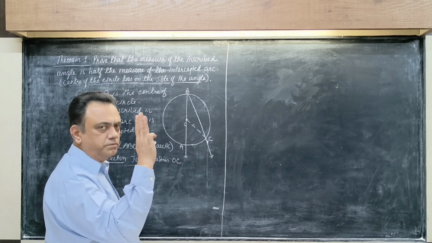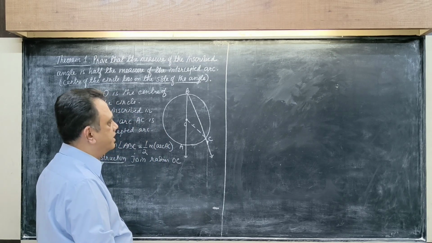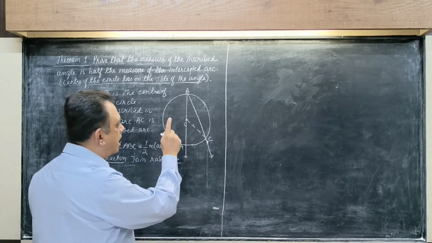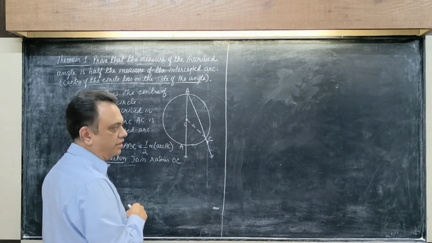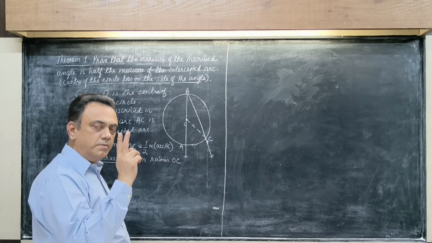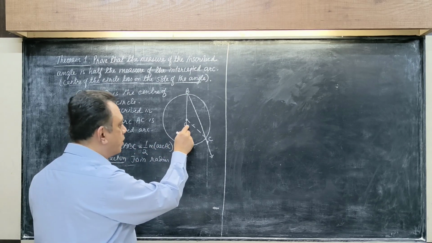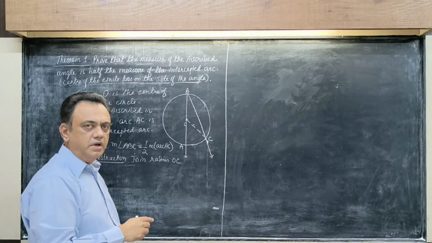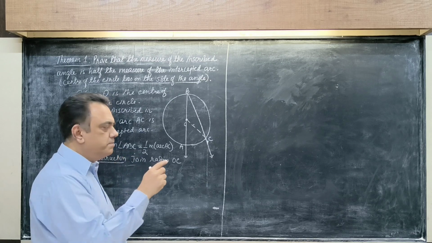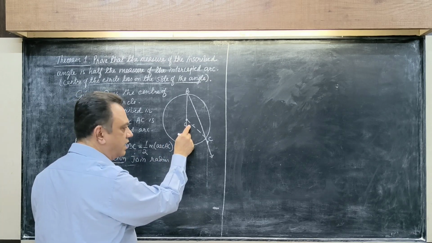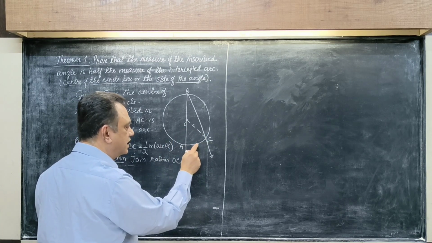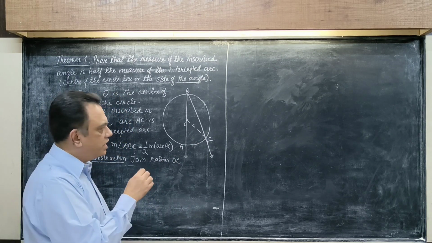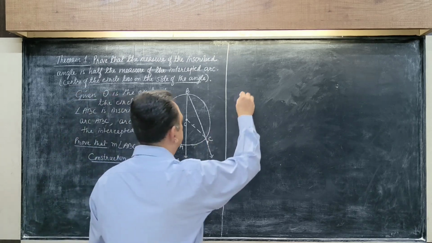We have to use three basic ideas over here. Number 1, isosceles triangle theorem. Number 2, remote interior angles theorem. And number 3, measure of the central angle is the measure of the corresponding minor arc.